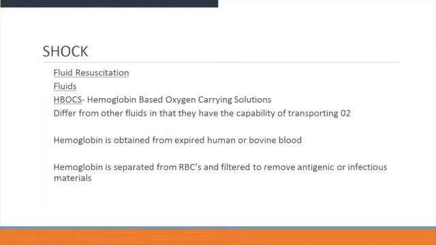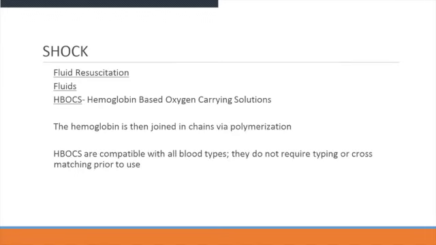The hemoglobin is separated from the red blood cells and filtered to remove the antigens or infectious materials. The hemoglobin is then joined with a chain of polymerization. The fluid is compatible with all blood types, and they do not require typing or cross-matching prior to use.